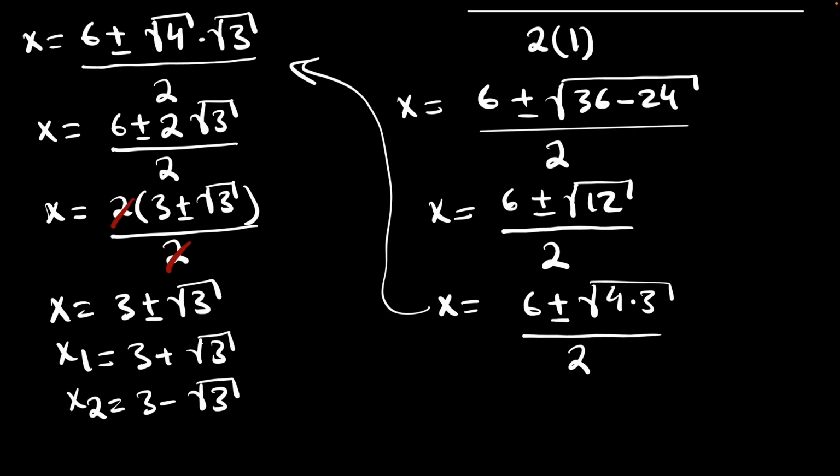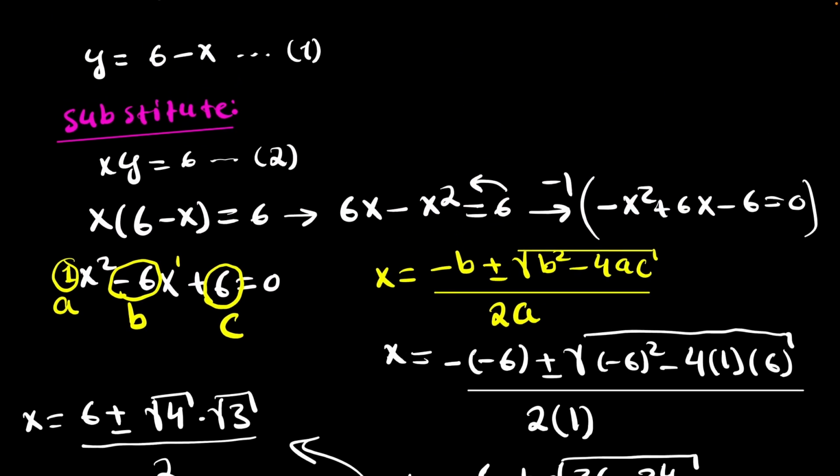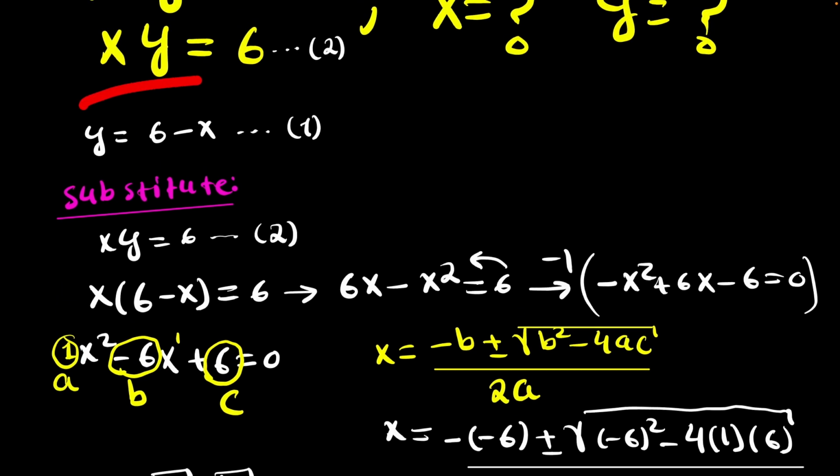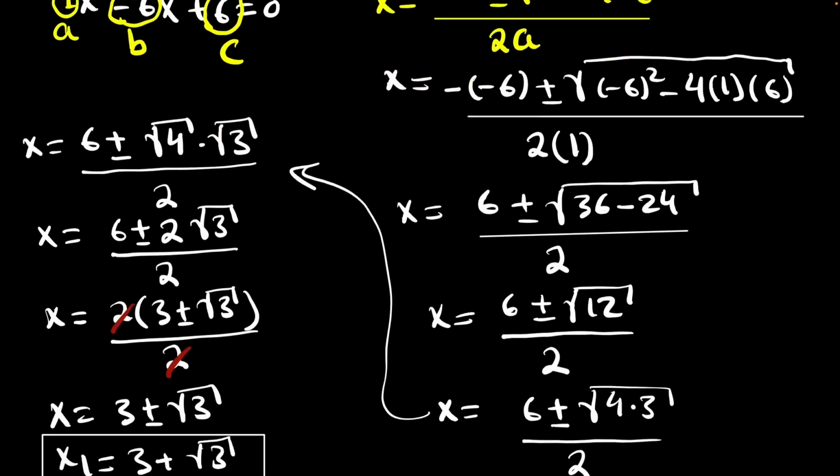And let's go and find the value of y as well. What will be the value of y? As we said, this equation is our y equation: the value of y is equal to 6 minus x. We are going to write this here.